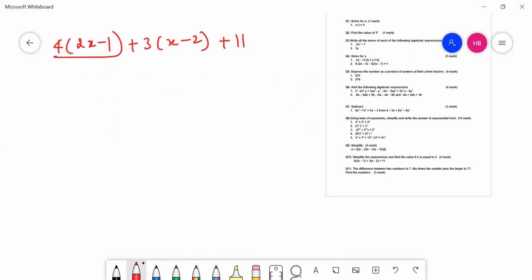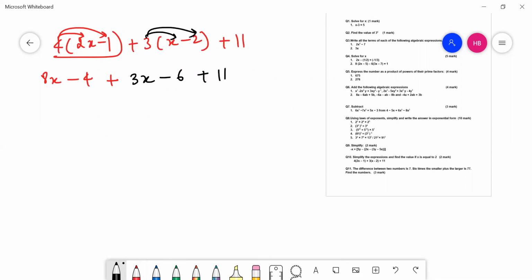So first, if I open the brackets, 4 will get multiplied to 2x and 1. So 4 twos are 8x minus 4. Plus, similarly here, 3 gets multiplied to x and 2. So it will give me 3x minus 6 plus 11. Now I'm going to group the like terms together: 8x plus 3x, and minus 4 minus 6 plus 11.